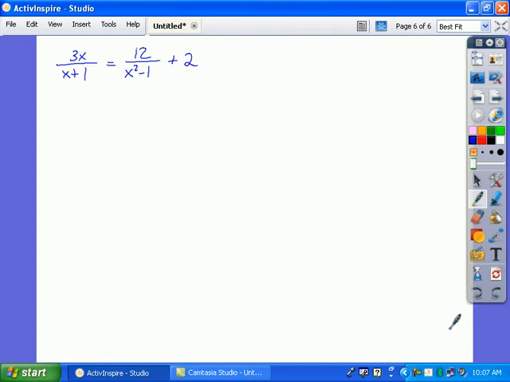But to help me see what the common denominator is, I want to factor this x squared minus 1, so it says x plus 1, x minus 1, and plus 2. Okay. So it's pretty obvious now, I hope, that the common denominator is going to be x plus 1, x minus 1, and we're going to multiply everything by that.